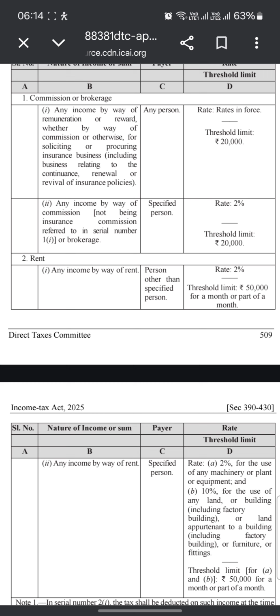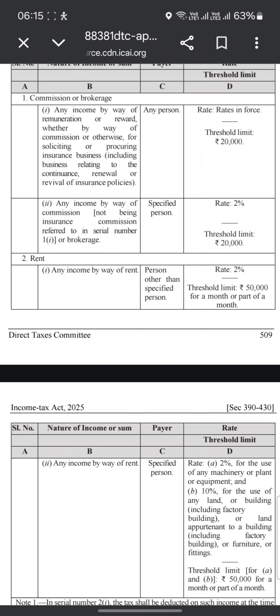Suppose your income is more than 4 lakhs under the new regime. Then you have to deduct tax at the slab rate.